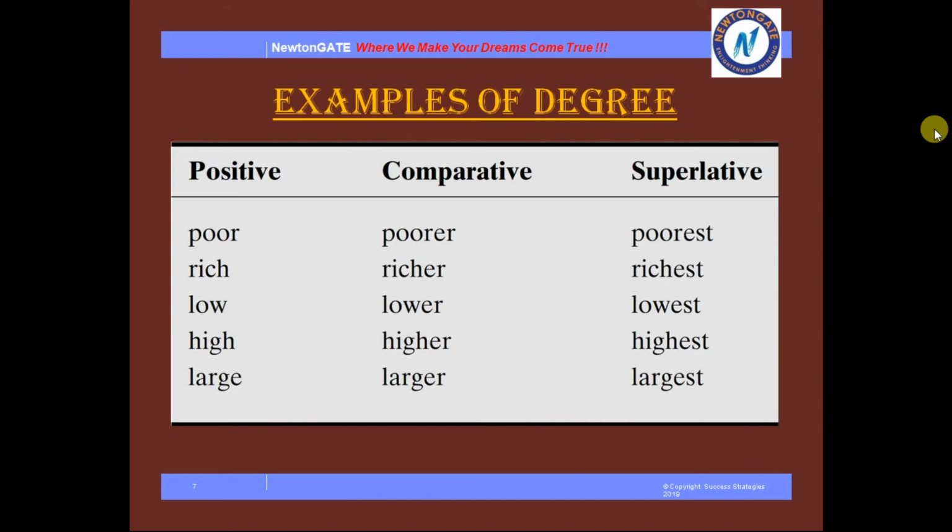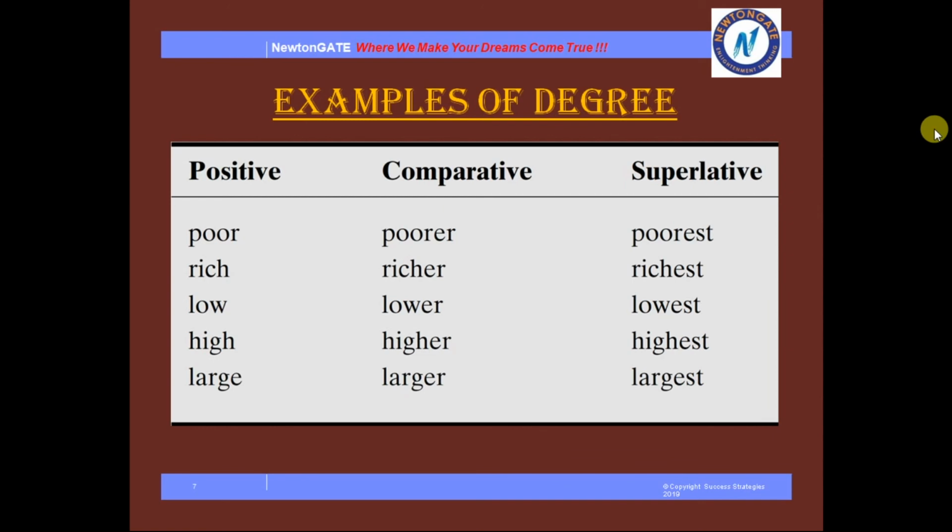What will you add in the comparative portion? You have to add ER, poorer. And in the superlative section, you have to use poorest, plus EST. So this is the formula of writing degree: positive, comparative and superlative.